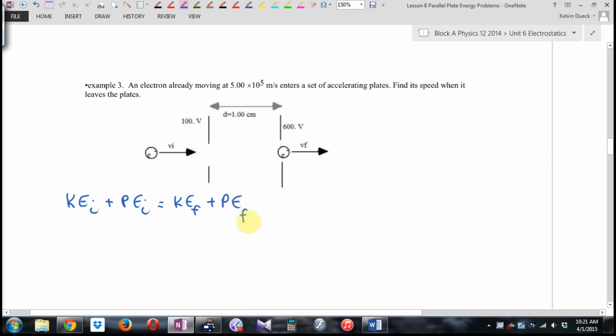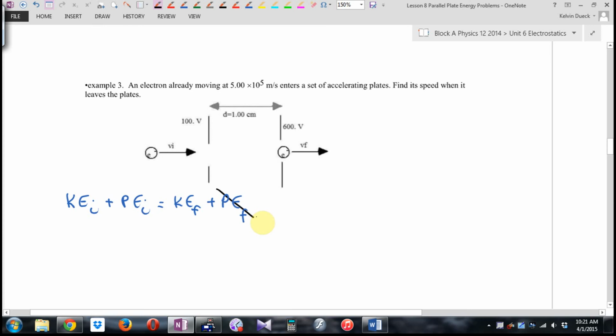Are any of these 0? Is it starting at rest? Not this time. Here's where it's falling through, that's my analogy, the voltage. Is it ending up at rest? No. But once it leaves the plates, it no longer has any more potential energy.